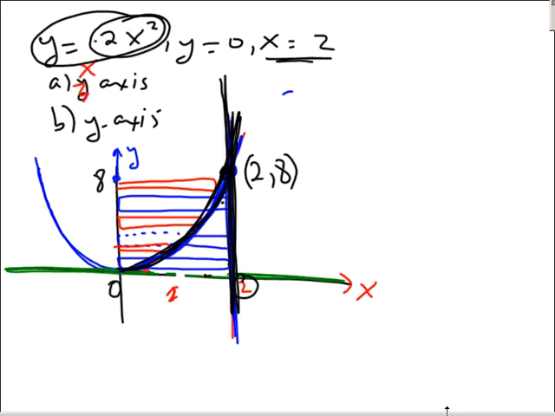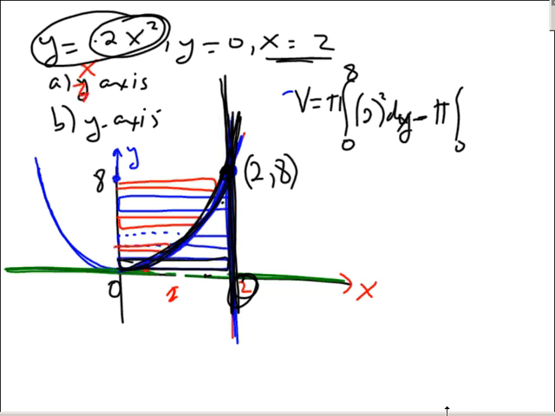So first, I'm going to revolve those big blue long rectangles around the y-axis. So the volume is going to be pi times the integral over y from 0 to 8, and the lengths of the blue rectangles are always 2. It's always 2. 2 squared dy. And now I'm going to take away pi times the integral from 0 to 8 of some r squared dy.